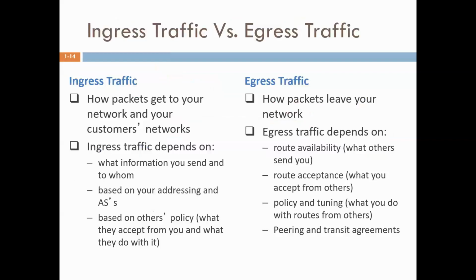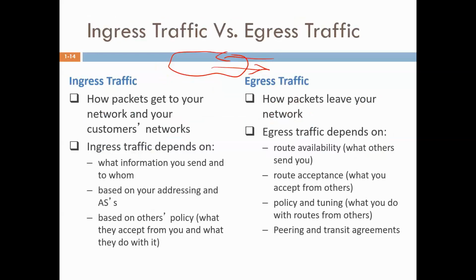Okay, and this brings us to the next topic, which is how does an autonomous system control the traffic that is coming to it and control the traffic that is coming out of it. And by control the traffic, meaning how to receive packets and how to send packets. We can actually divide the traffic into ingress traffic and egress traffic.